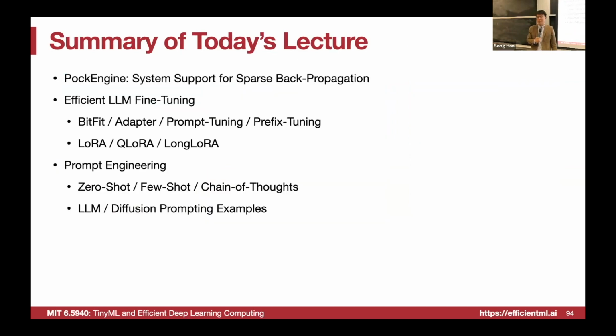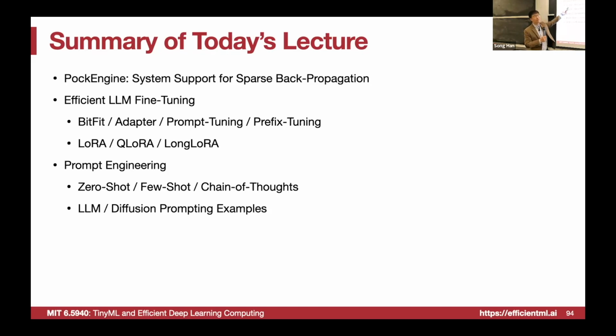All right, so let's summarize today's lecture. We started with PockEngine, the system support for sparse backpropagation so that you can do fine-tuning locally on the edge device, on mobile GPU or mobile CPU, or Raspberry Pi or DSP. We talked about special fine-tuning techniques for large language models, where the bottleneck is the weights. We want to reduce the number of parameters that we need to fine-tune.